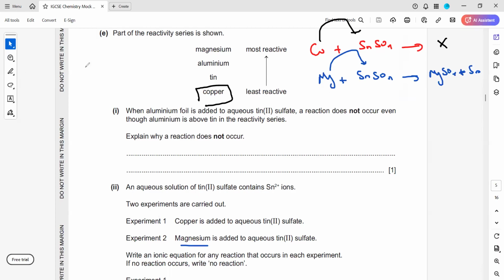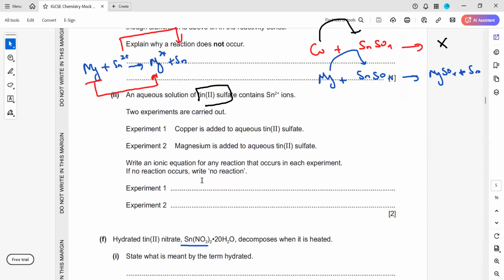So if I want to write an ionic equation, magnesium is reacting with tin ion, and because magnesium is more reactive, magnesium will turn into an ion and tin will turn into an atom. The more reactive metal turns into ion and the less reactive ion turns into atom. So we can cancel SO4. SO4 is a spectator ion.